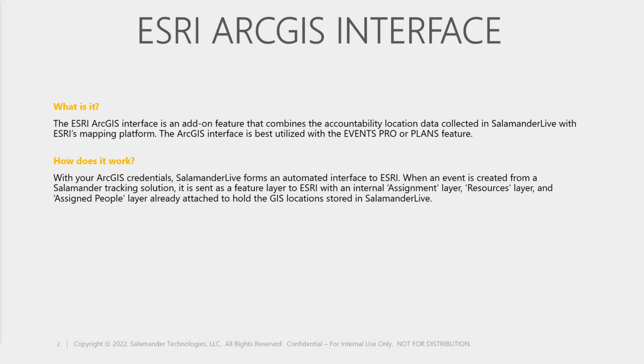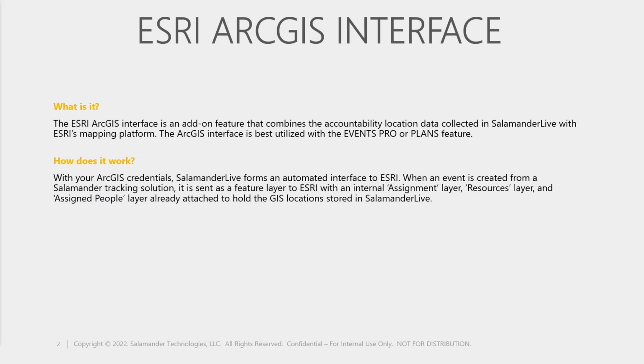This integration allows you to consolidate all of your GIS mapping information, including all your tracking, your track apps, your tag apps, your assignment locations, your event locations, and put all of that into ArcGIS, into a single tool. As you know, we have our own GIS mapping tile within the events dashboard. This goes beyond that.